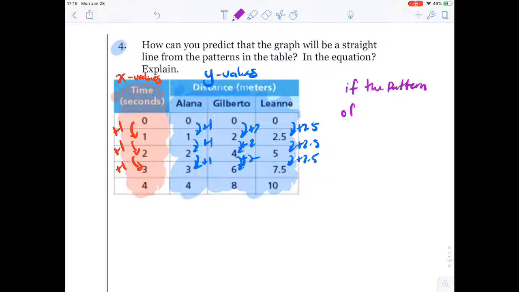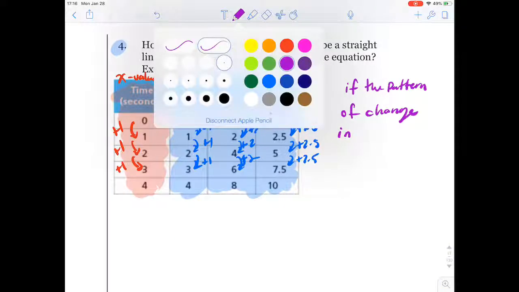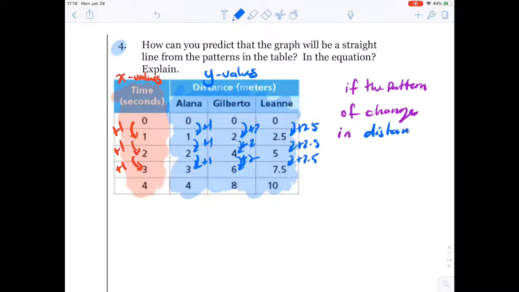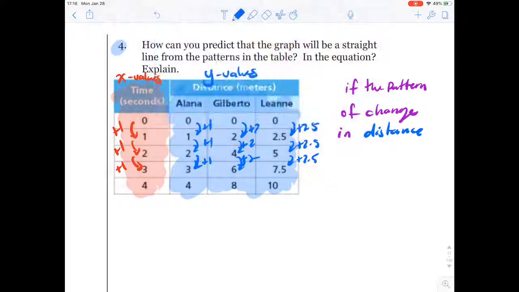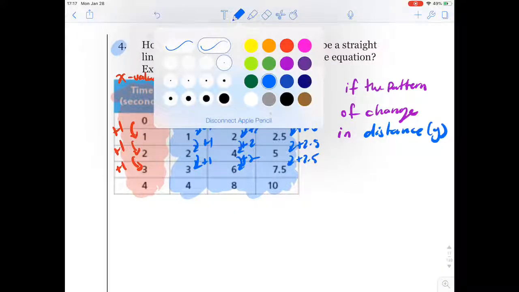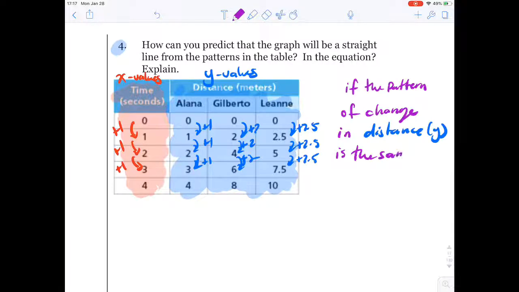If the pattern of change in distance, and I'm going to highlight distance in blue because distance represents our y values, is the same all the way through, if our change is the same for every x value, or seconds for every time, which is our x values, then the line will be straight.